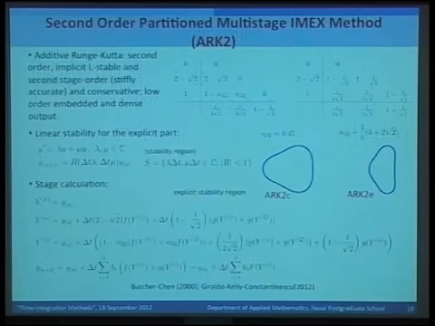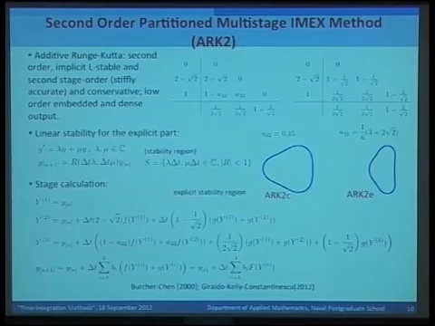One of the things we did in this paper is we developed a new second order partitioned IMEX multi-stage method. And we played around with the explicit parts. Dale was talking about extending the stability region of the explicit part. That's exactly the kind of thing we've also been doing with these ARK methods.